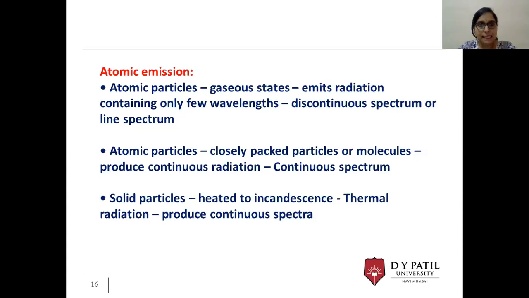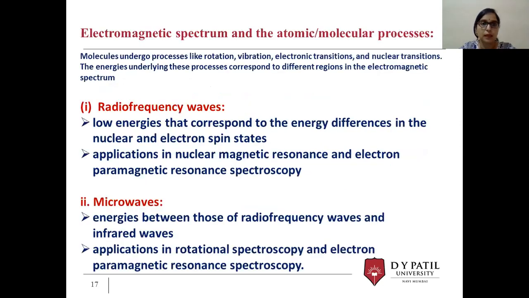So we can say that atomic emission can happen in the form of a discontinuous spectrum as well as in the form of a continuous spectrum. Okay. Now the third category is solid particles. These are heated, meaning thermal radiation is incident on them, and they again produce a continuous spectrum.